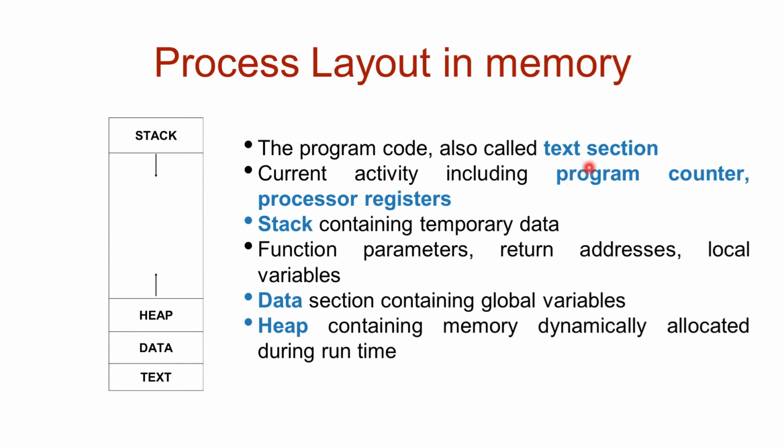A text segment, also known as code segment or simply as text, is one of the sections of a program in an object file or in memory which contains executable instructions, contents of processor registers, program counter, and so on.